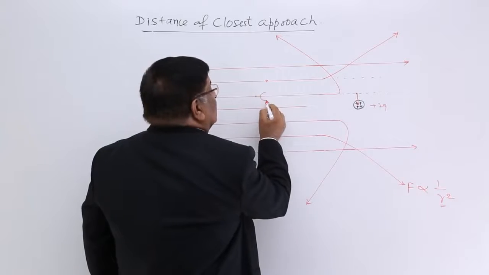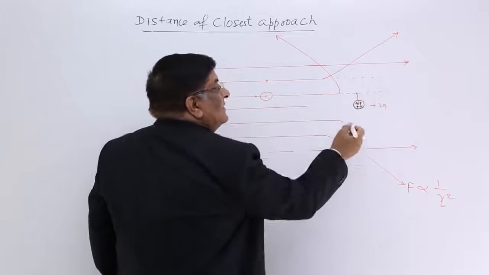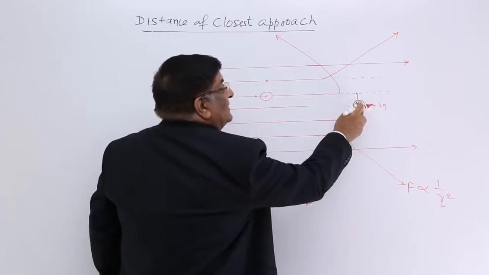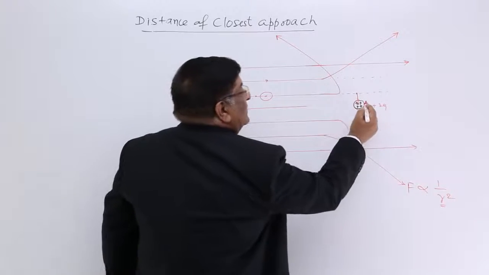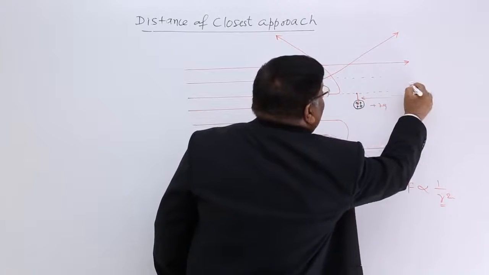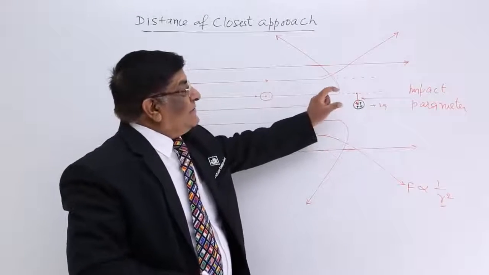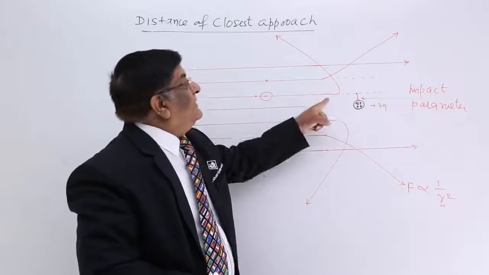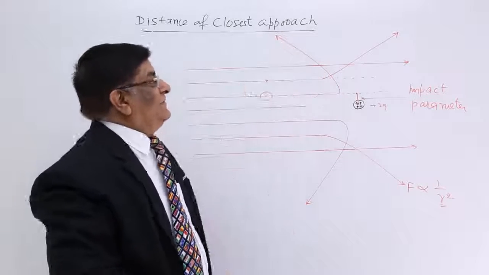What is this? The center of the alpha particle's path. And what is this? The center of the nucleus. Now, this distance between the two is called impact parameter. The less the impact parameter, the more the effect of impact, and it will get deviated.